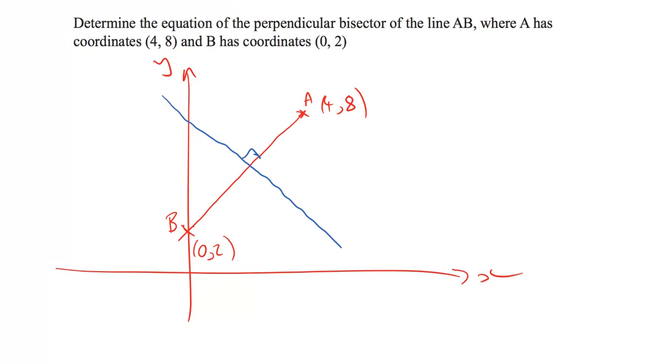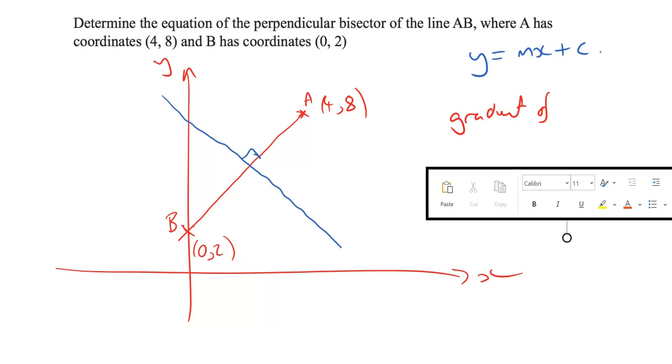Right, so first of all, let's think about our perpendicular bisector. It's a straight line. Well, if it's a straight line, that means it's going to have the equation y equals mx plus c. So the next thing to think about is, how could we find the gradient, the m value? Well, there is a relationship between perpendicular lines and gradients. Let's start off by finding the gradient of AB.